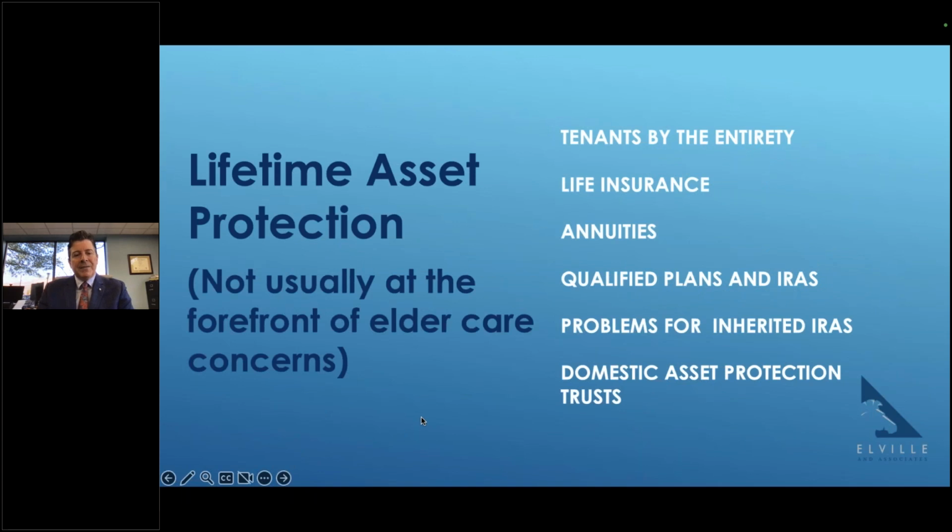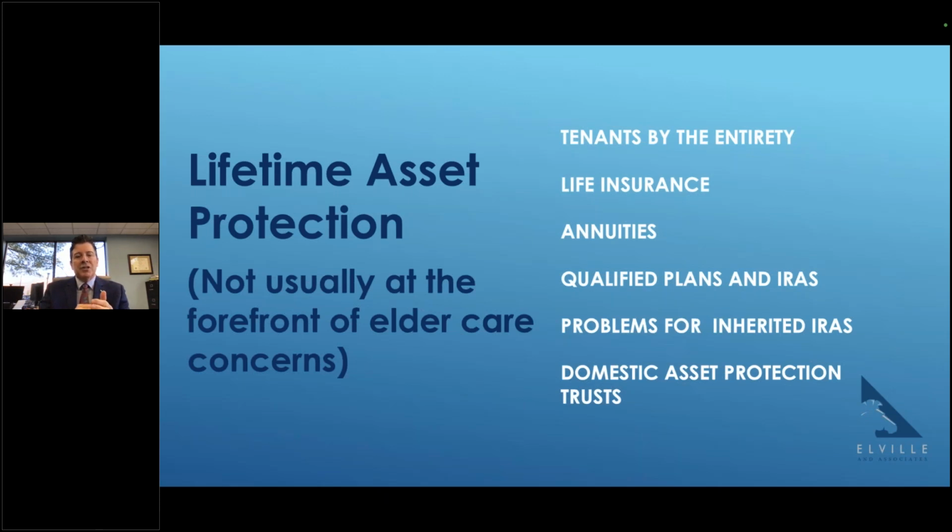So as we look at lifetime asset protection, I apologize to the single people on the webinar today, but if you're married or you're thinking of becoming married, you can own property as tenants by the entireties, as spouses. And that tenants by the entireties label over the asset provides a certain layer of basic asset protection.